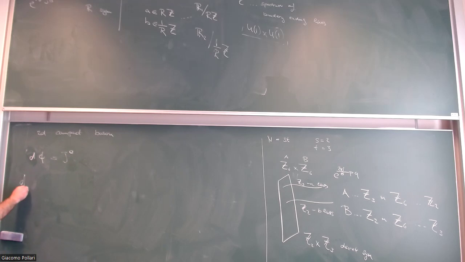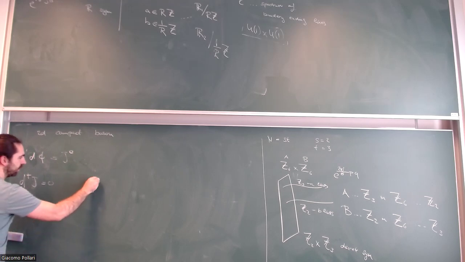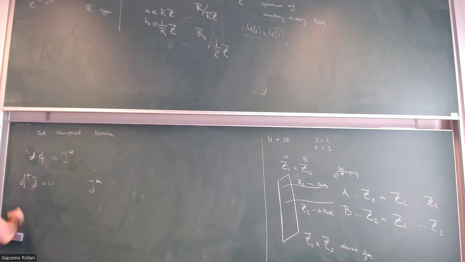The d dagger of J is 0 if the equations of motion are satisfied. But there's also another current, J magnetic. What is the d dagger? d dagger is the dual of the d: it's star d star. Yes, star d star.